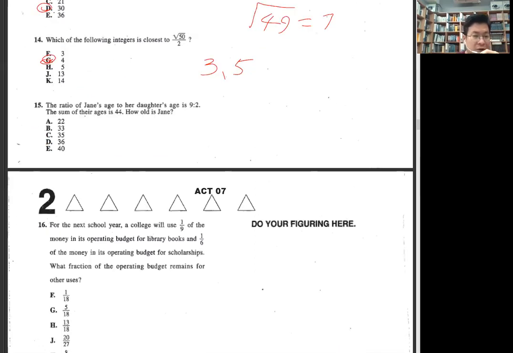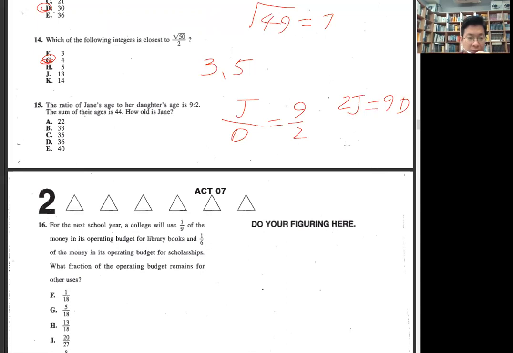The ratio of Jane's age to her daughter's age was this much. The sum of their ages, okay. So it's like a ratio, we can put it as Jane over daughter equals 9 over 2. So 2J equals 9D.